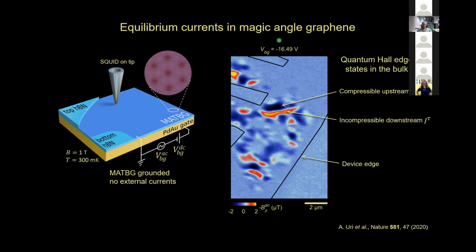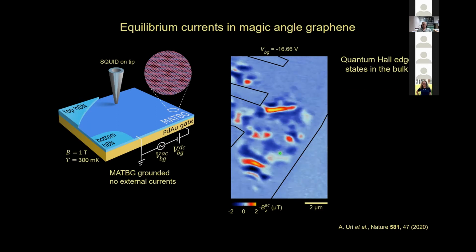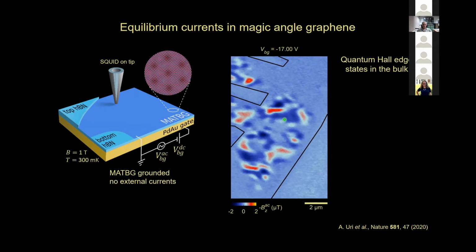Moreover, if we now change the backgate, we see these edge states moving around, but they never reach the edges and they never flow parallel to the edges as our usual thinking of the quantum Hall state is.